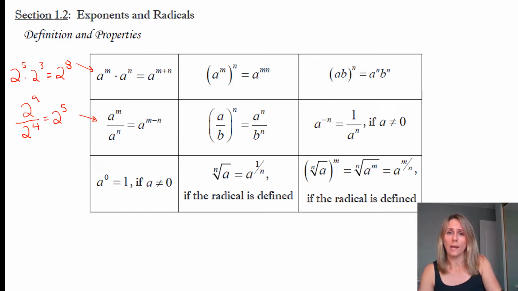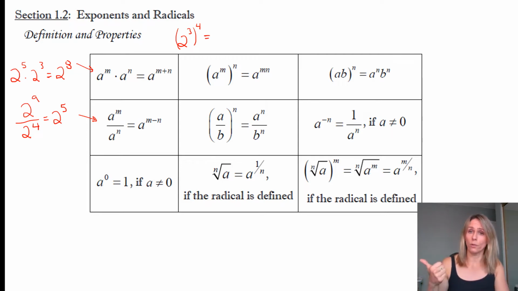We also have things like a to the m to the n. So for example, to not do anything too extreme here, if we have 2 to the 3rd to the 4th, that is actually the same as 2 to the 3rd times 2 to the 3rd times 2 to the 3rd times 2 to the 3rd, which, if you did this all out, would be 2 times 2 times 2 times 2 times 2 times 2, and so on, where you'd end up with 12 2's, or 2 to the 12th.